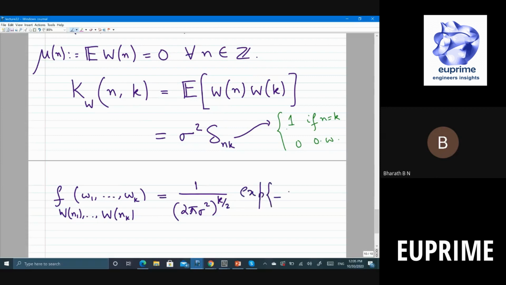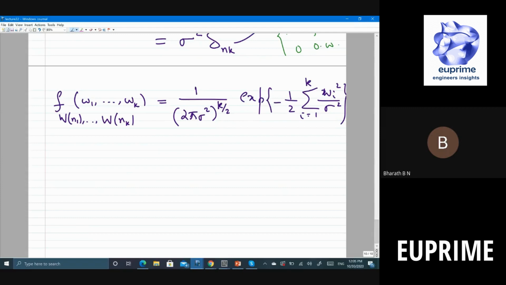Exponential of, since this is IID, right? So it will be minus 1 by 2 summation i equal to 1 to k wi squared by sigma squared. Okay, so this is how you describe the joint density regardless of what k is and what n1 through nk are, right? Regardless of that, this is the distribution. So you know pretty much everything about this stochastic process.